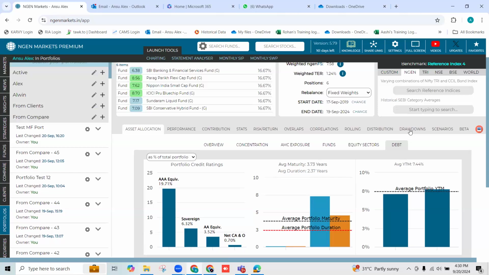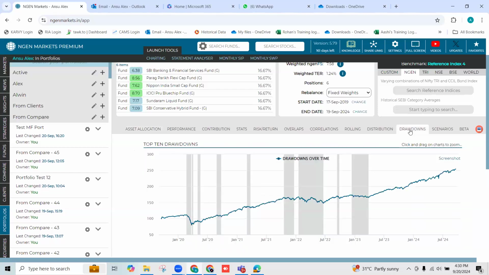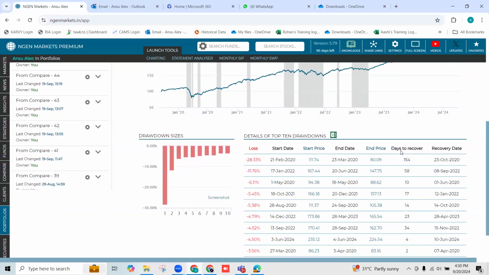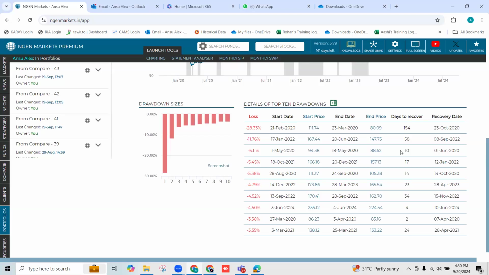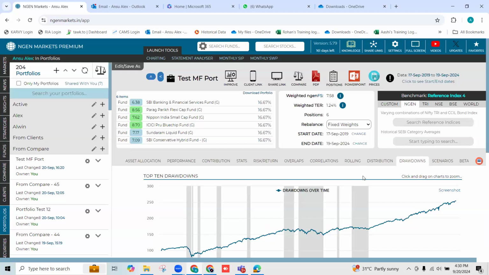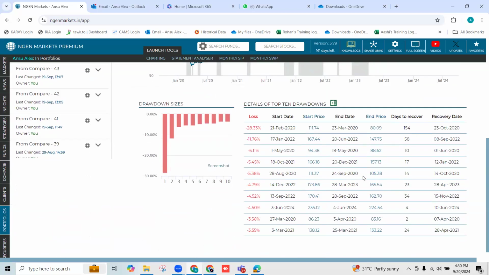Followed by that, we move towards the drawdowns tab. Now, this tab lets us see how our portfolio is recovering from any loss that has happened, of course, within the time period that we have set. Now, on a portfolio level, we show top 10 losses. So here you could see the loss is to an extent of 28%, wherein the NAV of this portfolio was at 111.74.